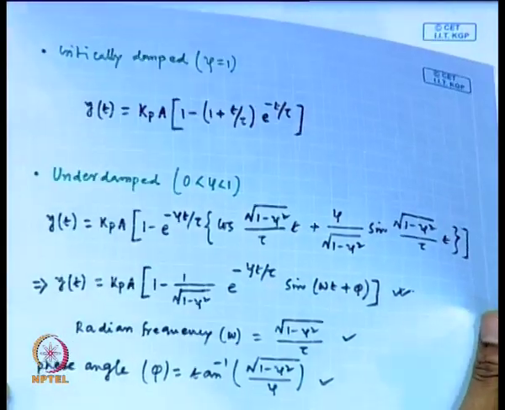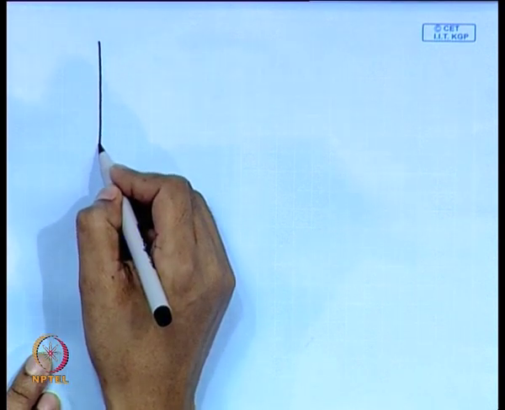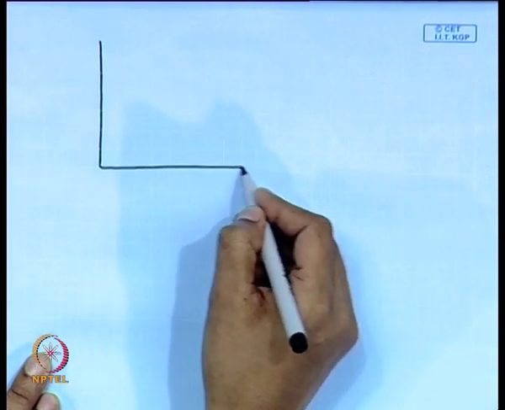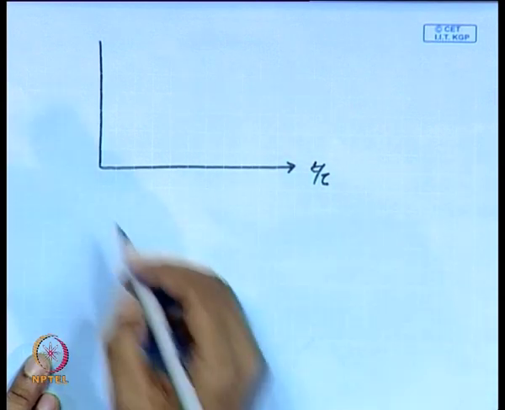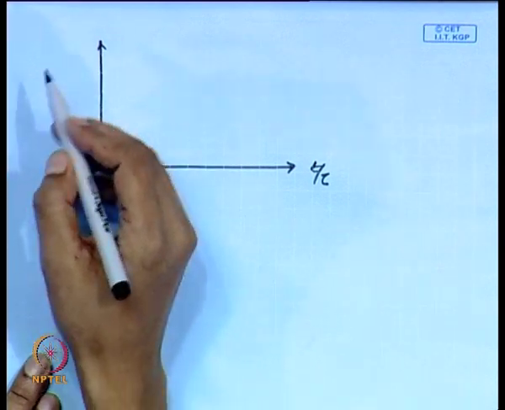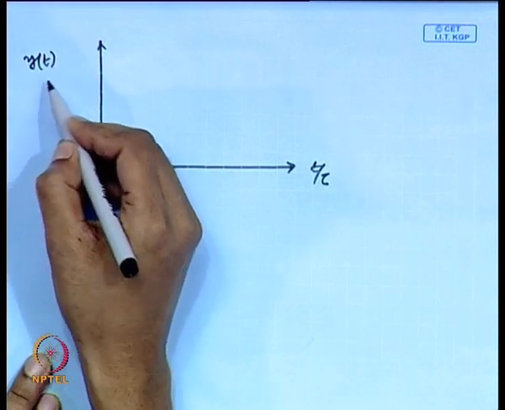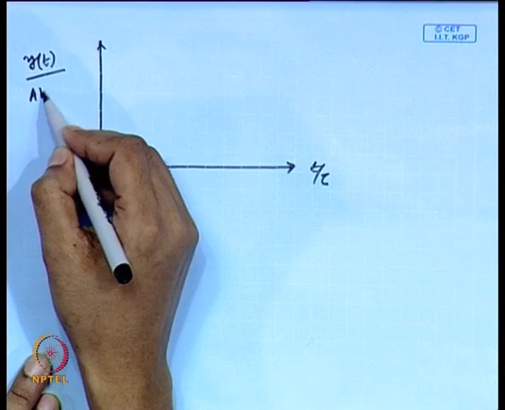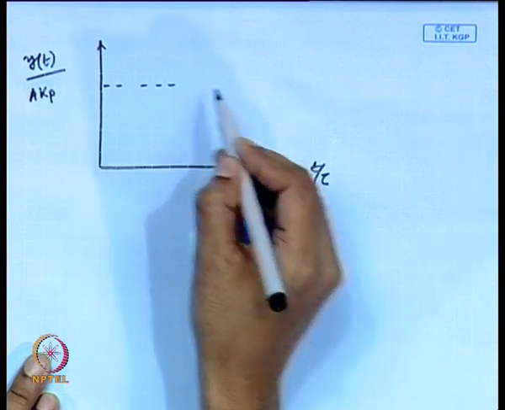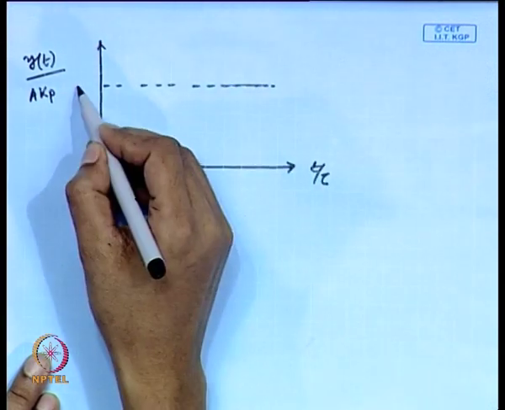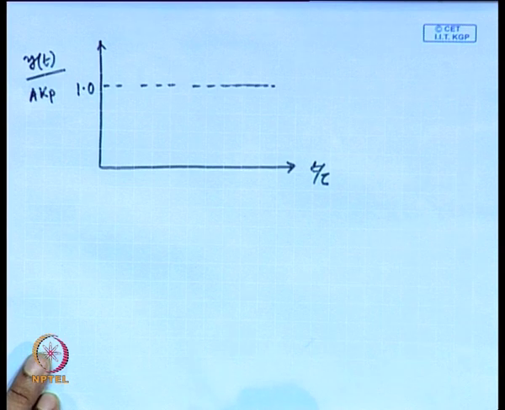Now, if we graphically represent the outputs of these three y expressions, the plot looks like this. T by tau, and in this direction we are considering y t divided by a k p. Suppose the final steady state value is 1.